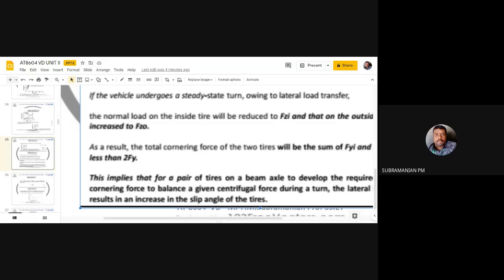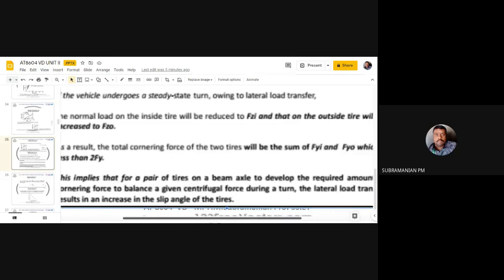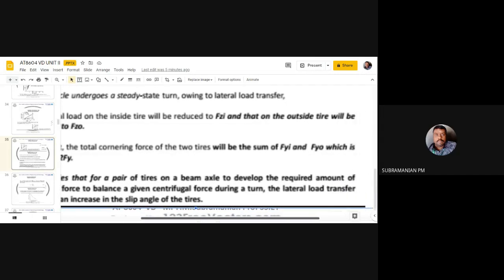Individually, when it's going in a straight path, the normal force is the same, and I will be getting Fy for each tire. Adding both, I will be getting 2Fy. But when I make a turn, the cornering force is getting reduced, with FZI and FZO.